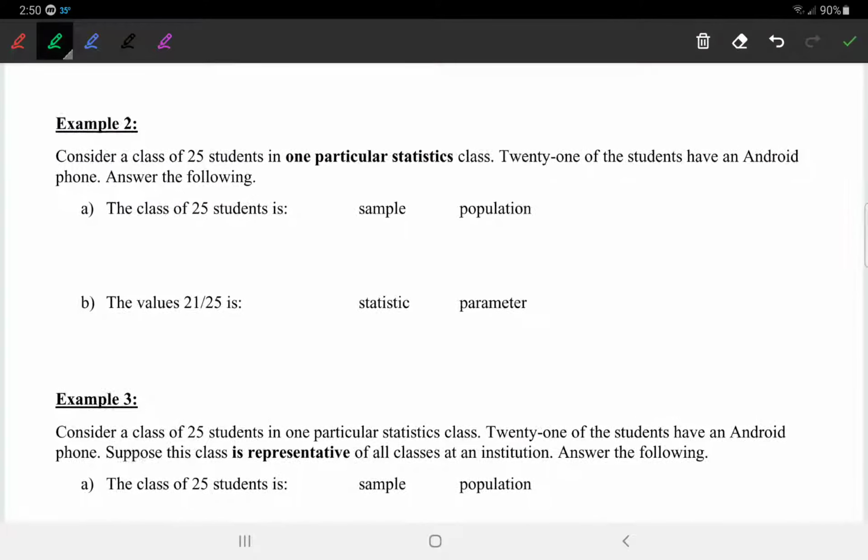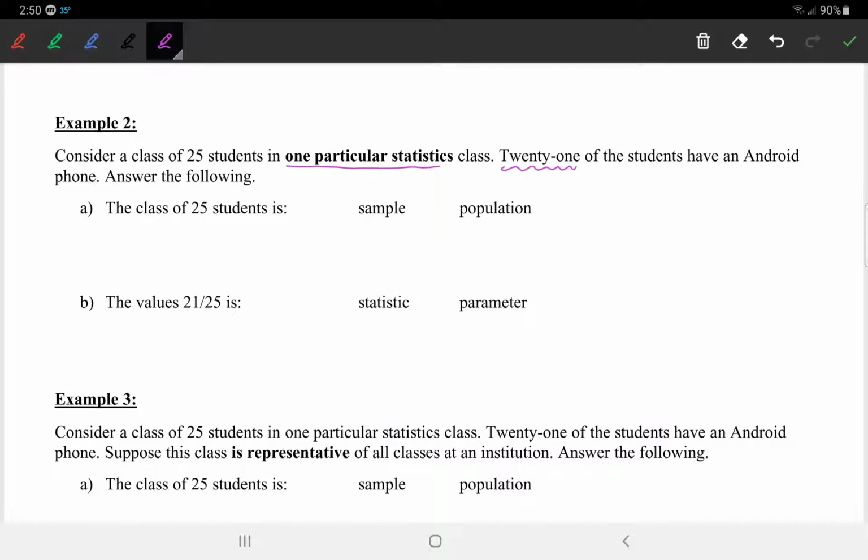So let's work with the difference between population parameters and sample statistics. Let's say that we have a class of 25 students in a single particular statistics class, and I ask, how many of you have an Android phone? Let's say 21 of the students have an Android phone.